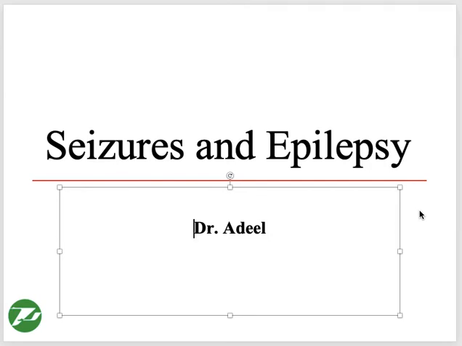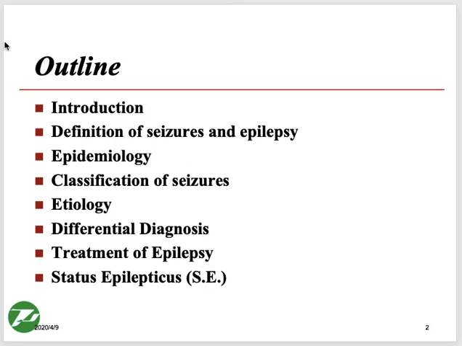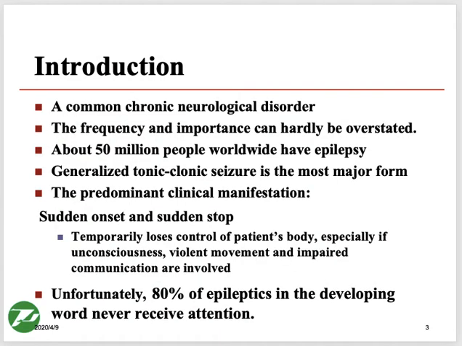So, this is the outline of what we are going to discuss in this lecture, and introduction. Now, as I told you, the importance of this condition, seizures or epilepsy, it's a common neurological disorder, and like 50 million people worldwide have epilepsy.